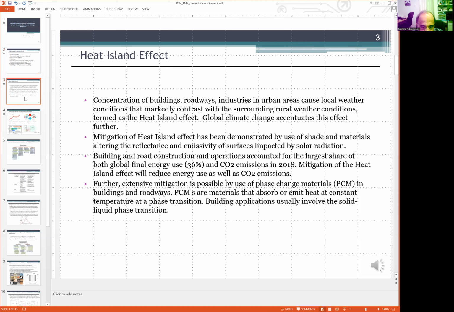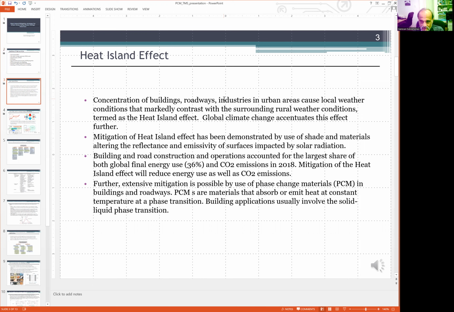And we go on to discuss the heat island effect, which is the local weather conditions that are caused by the concentration of buildings, roadways, industries in urban areas. Because of these factors that cause the local weather to be extreme, in contrast to surrounding rural areas.